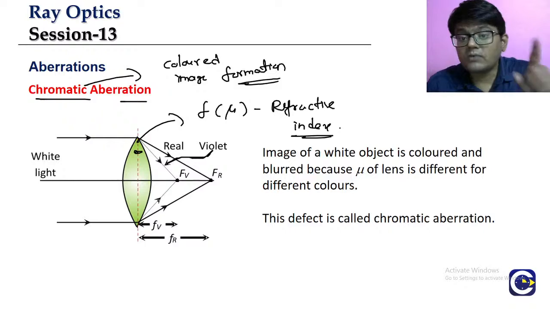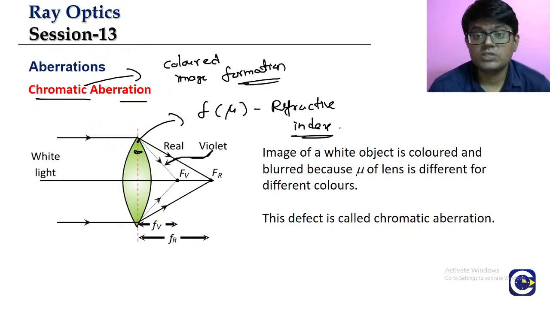But remember from Cauchy's formula, the refractive index of the lens material will depend upon the particular color of the radiation. Why? Because the mu value depends upon lambda. We have seen that mu has an inverse relation with lambda.